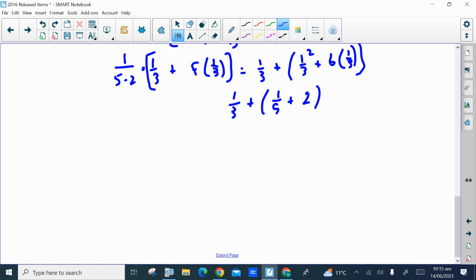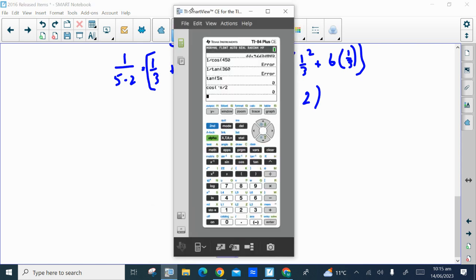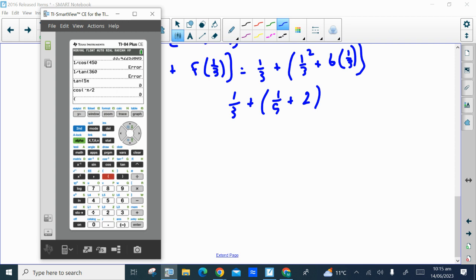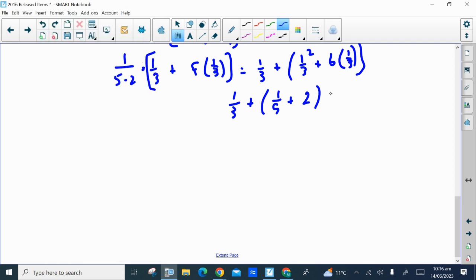And it does ask us to write to the nearest hundredth. So we could now use our calculator and just get the decimal. So it'll be 1 over 3 plus 1 over 9 plus 2, which to the nearest hundredth would be 2.44.